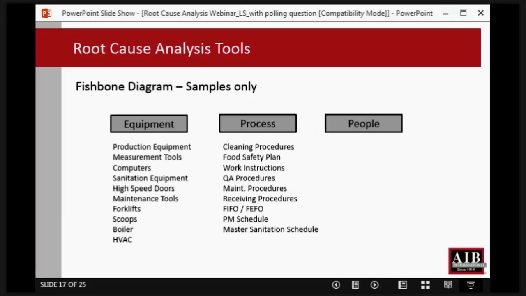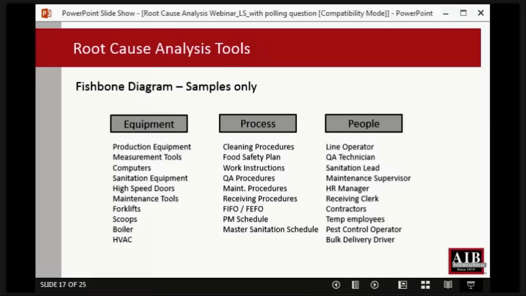In a documented food safety system, we would always have work instructions and procedures to tell us the best way to do things. We would have first in, first out, preventive maintenance schedule, and our master cleaning schedule, which is an inventory of all of the storage areas, equipment, bulk systems, oil tanks, and when they are cleaned on a certain frequency.